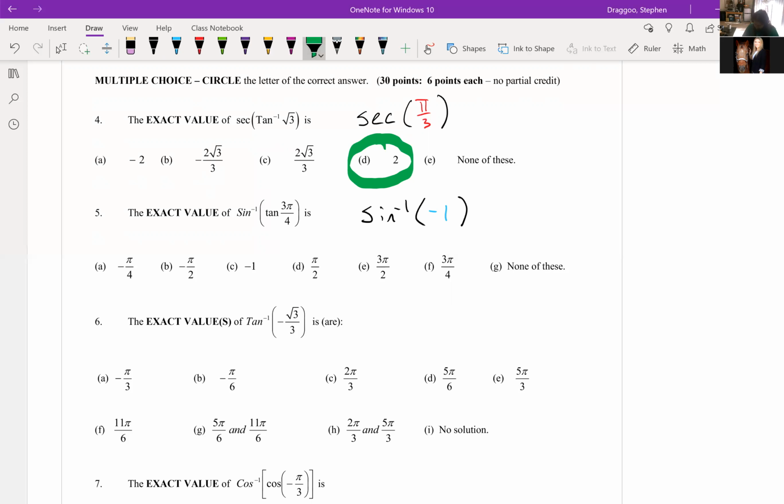So I want to find the angle where sine is equal to -1, but also is in the range of sine inverse, which is going to happen at -pi over 2. Not to be confused with 3 pi over 2, because that's not going to be the correct answer.